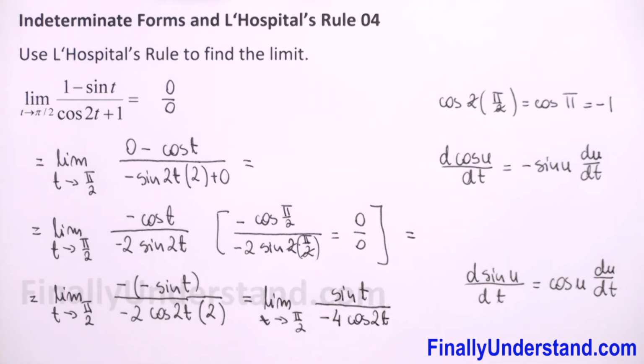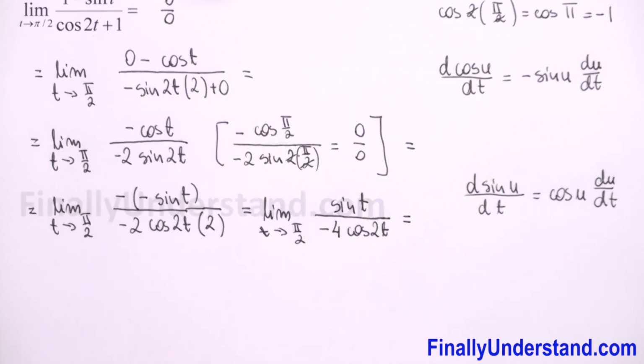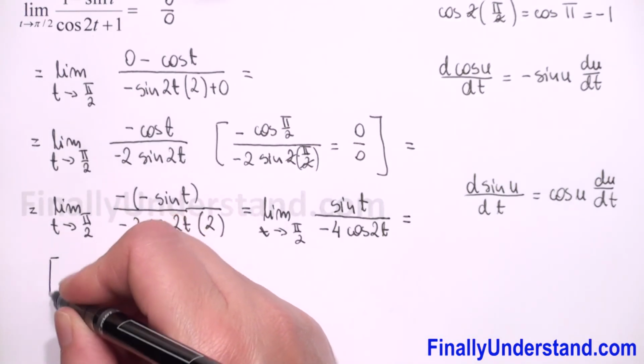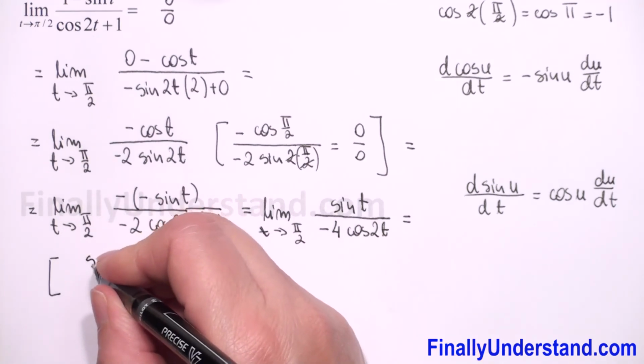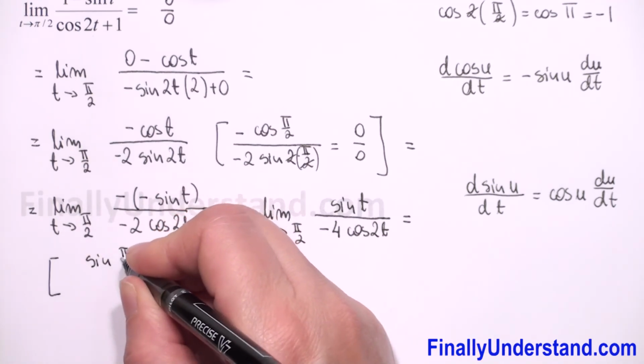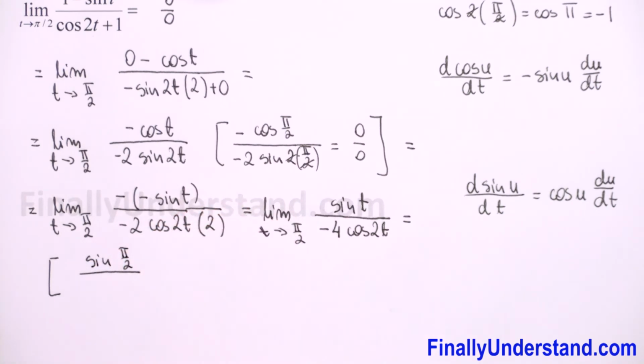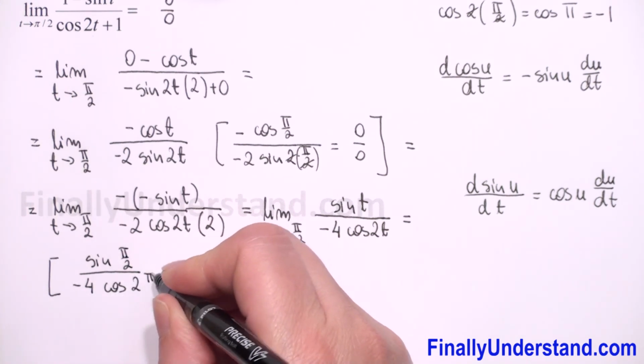Now again we have to check first what will be when we substitute t by pi over 2. So we will have, let me write this here in brackets, sine of pi over 2 over negative 4 times cosine of 2 times pi over 2.